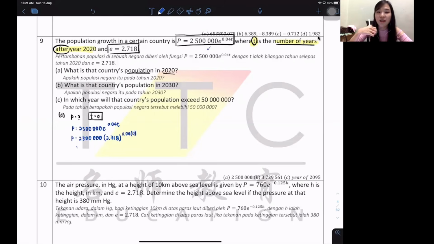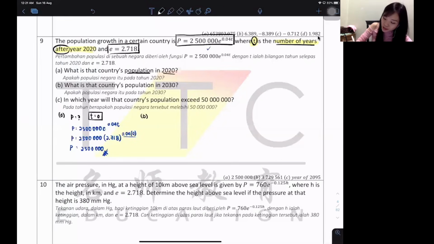Nothing I create myself, everything is provided. So 0.04 times 0 is 0. Anything power 0 is 1. I hope you guys can get the answer: 2.5 million. If you don't understand what I say, never mind, you can press the calculator and you will get the same answer, okay?